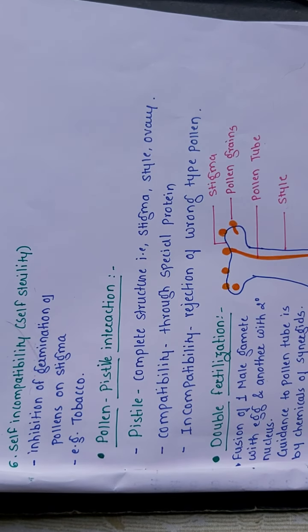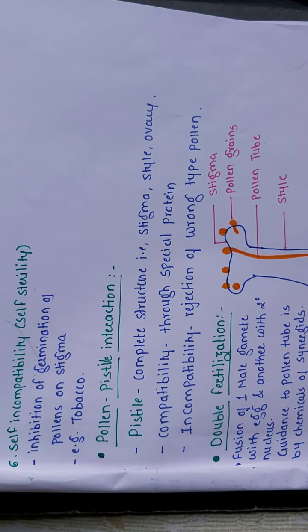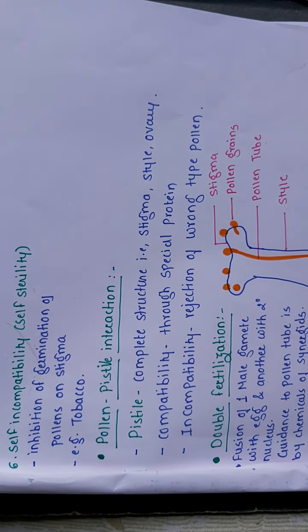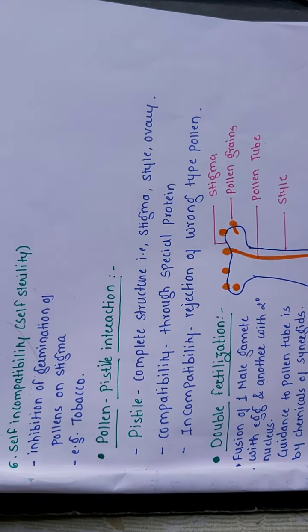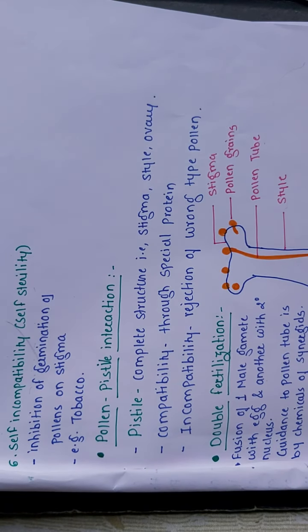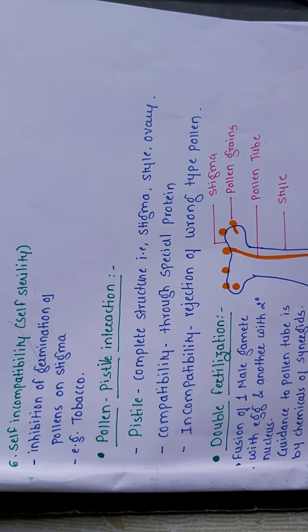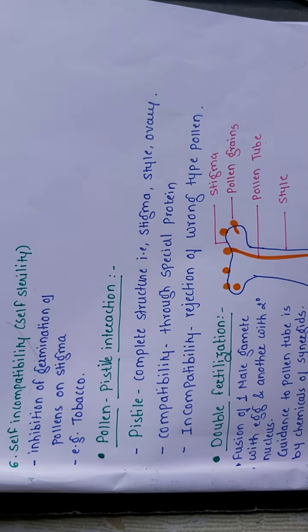In compatibility, it is the proteins which guarantee the right type of pollen onto the surface of the stigma, and incompatibility is nothing but the rejection of the wrong type of pollen grains through this special type of protein, right?